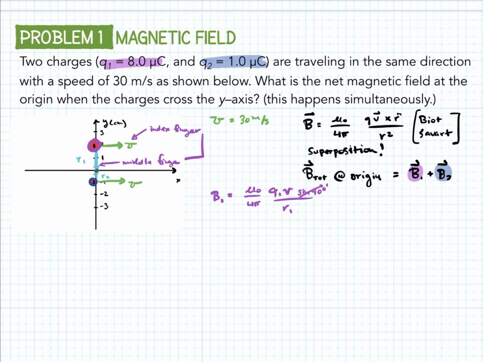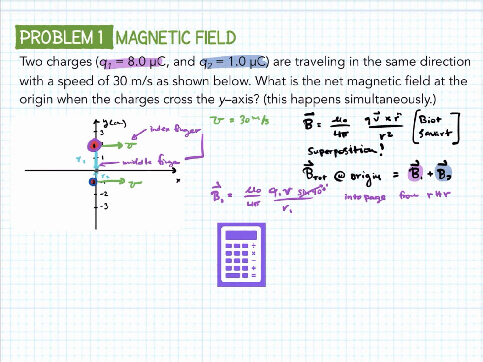So index finger goes in the direction of V. Your middle finger goes down, and that forces your thumb, if you're doing this correctly, to point into the page. So we know this will be into the page from right-hand rule. That's going to be negative z, so you can call that negative z hat if you want, but you can also write into the page.